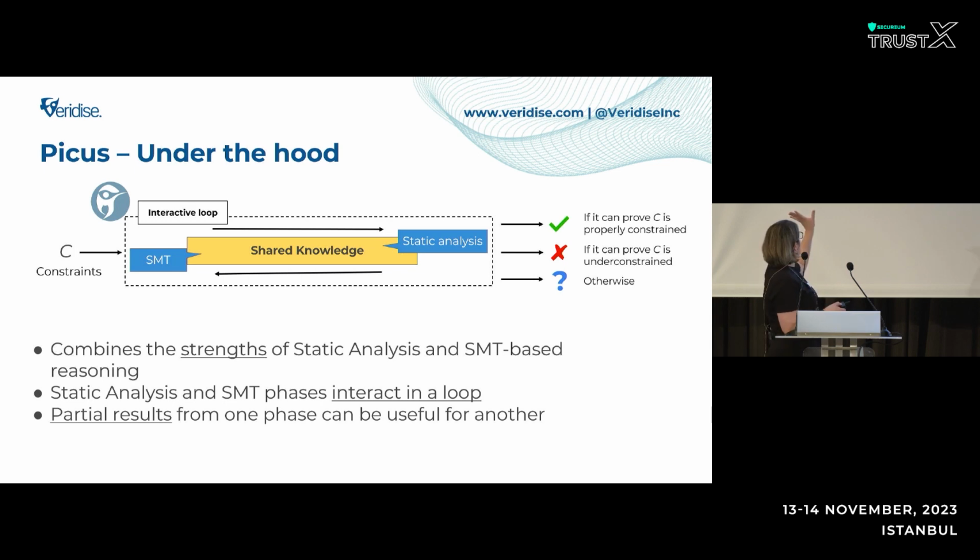So I mentioned before that this tool of ours combines the strength of the static analysis and SMTs, and these two instances interact in a loop, and the partial result could be used in this interactive loop to make progress, right?